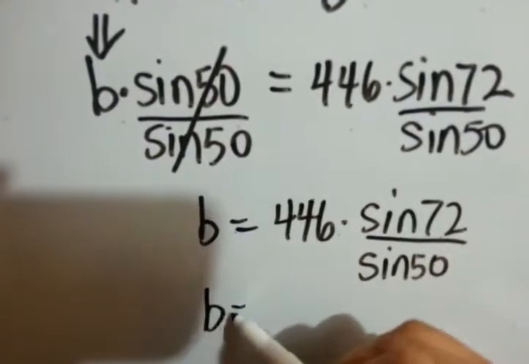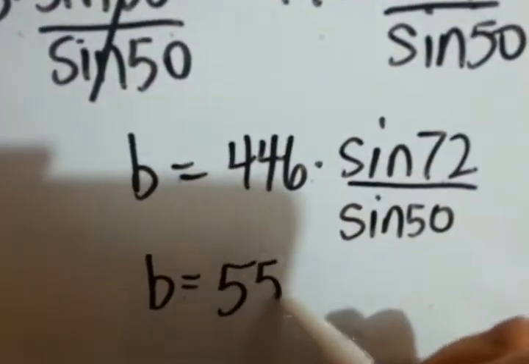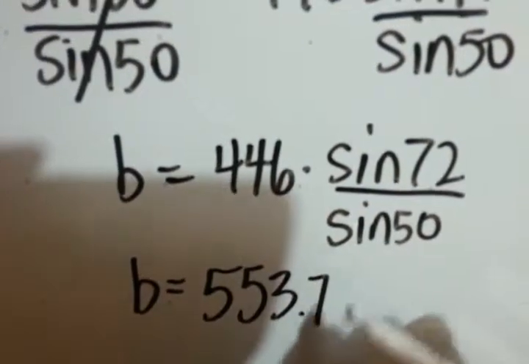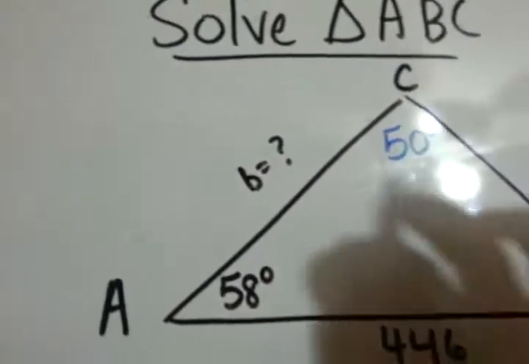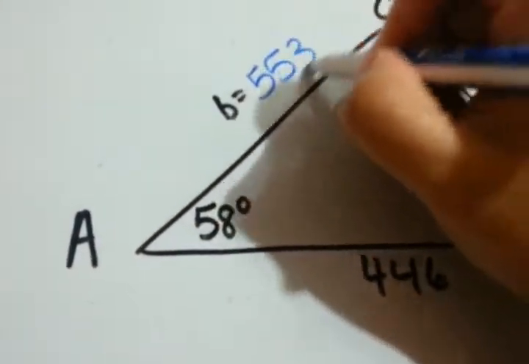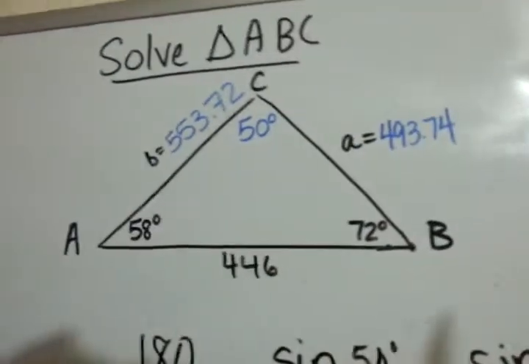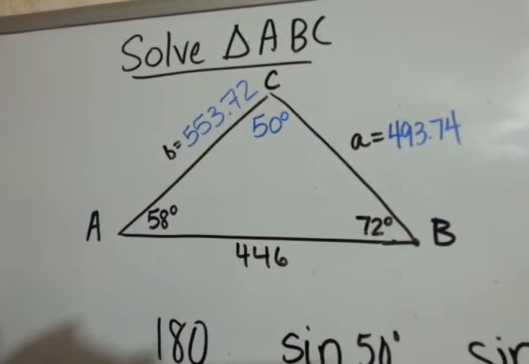And then you type it into the calculator and you get 553.72. Okay. So we come over here. There you go, you have now solved the triangle.